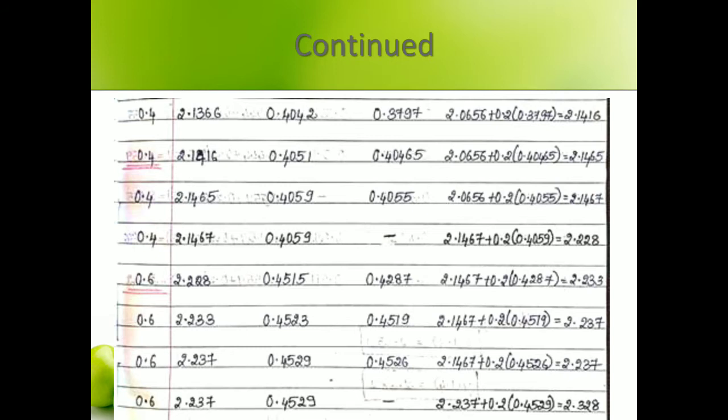Once you take 0.4, 2.1366, y dash value will be 0.404, new y value will be 2.1416. When 2.1416, y dash is 0.4051. Find the mean slope using these two values. Your new y value will be 2.1465. Carry this in the next iteration.